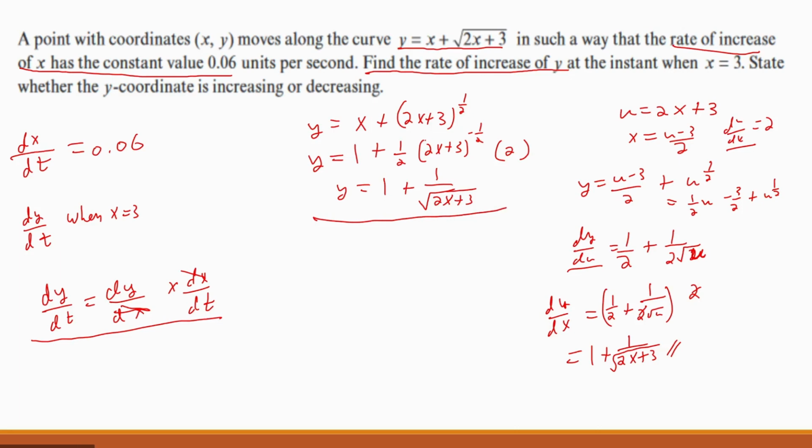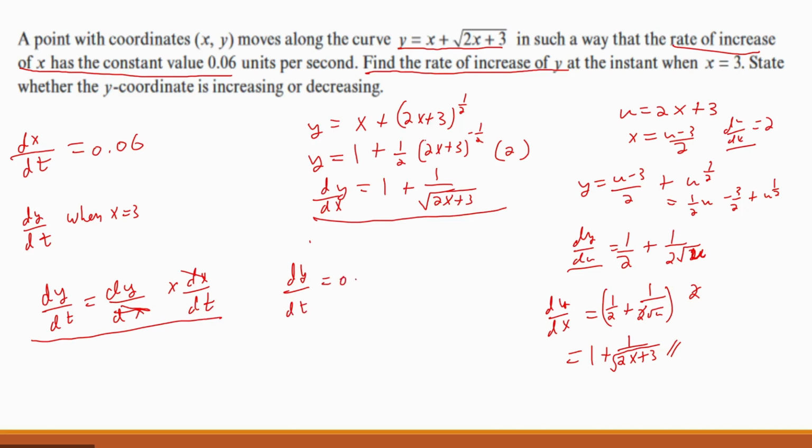Alright, so now let's move on. What we have is dy over dx. We have found that. So now we can just input it over here. dy over dt is equal to dy over dx into dx over dt.